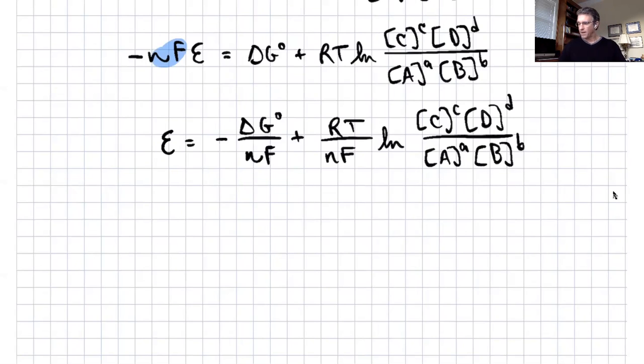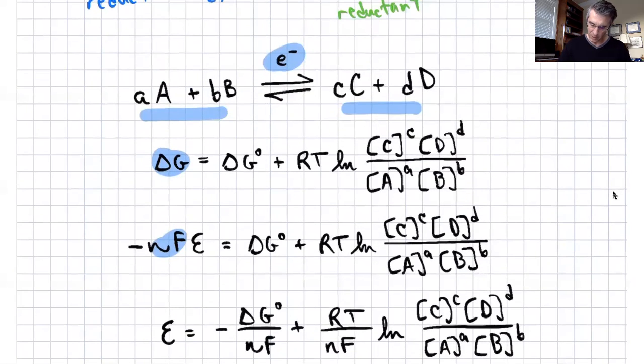Which is great, because that now gives us, in principle, a measurement for the electric field potential difference. If I knew the species distribution, and I knew something about that standard state energy, well, I know N, in principle, I know F, because somebody else measured it for me. Faraday measured it for me. In principle, I could calculate that electric field potential difference between the left and right side of this equation.